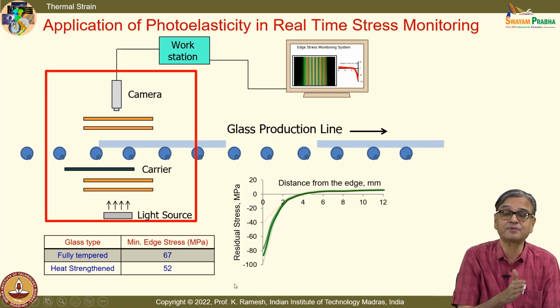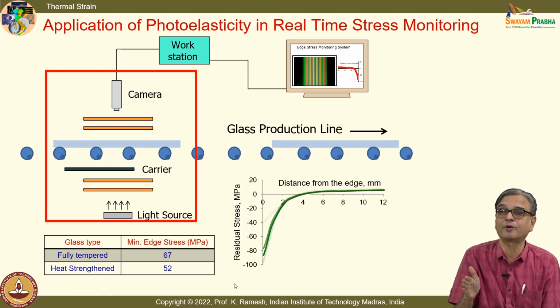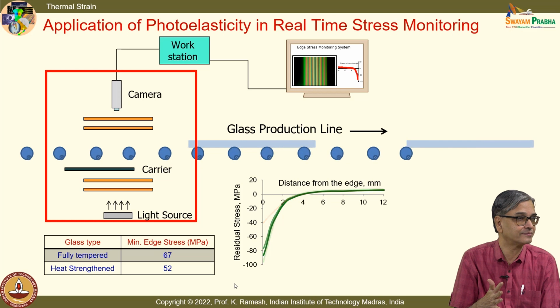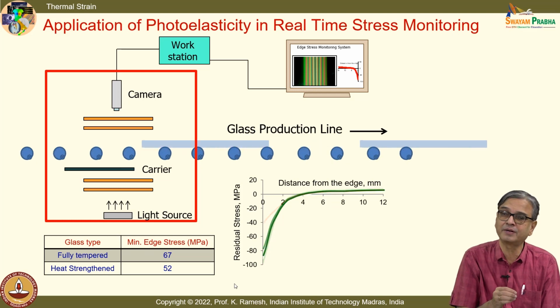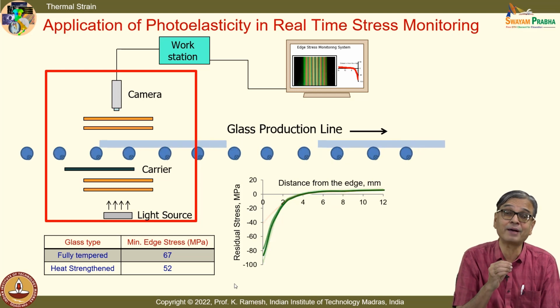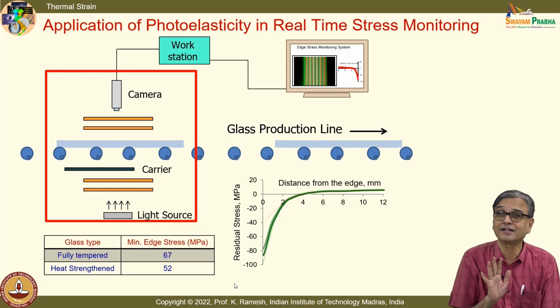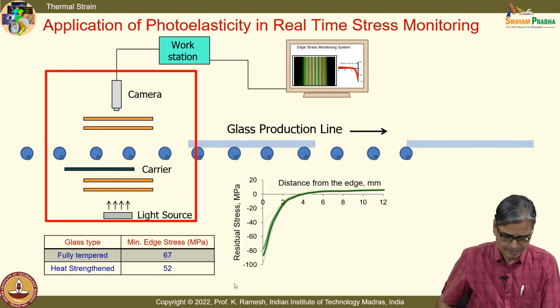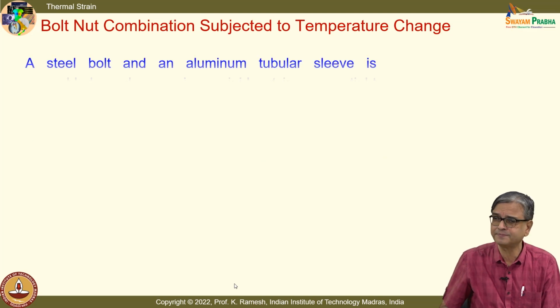So, I can accept whether the process is going on properly, whether I can accept that batch of glass or not. So, right from measurement and also in manufacturing, photoelasticity helps. Fine. Then we will also solve one interesting problem.